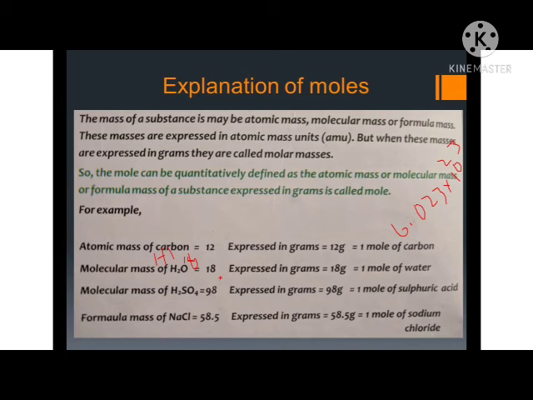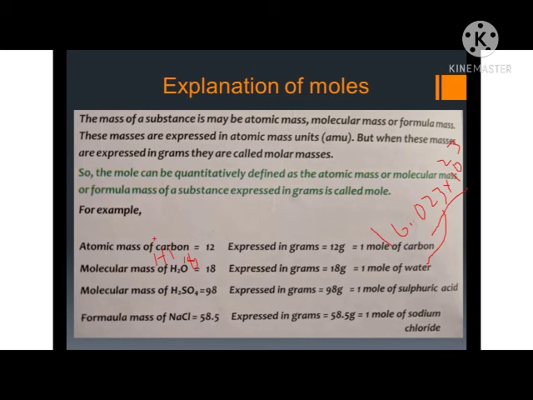The molecular mass of this compound is 18 AMU. If we replace AMU by gram, 18 gram will be equal to 1 mole, and 1 mole of H2O will contain 6.023 into 10 raised to power 23 molecules.